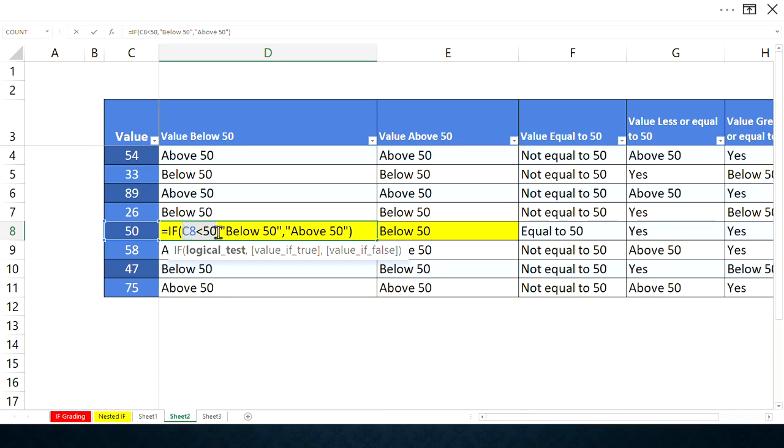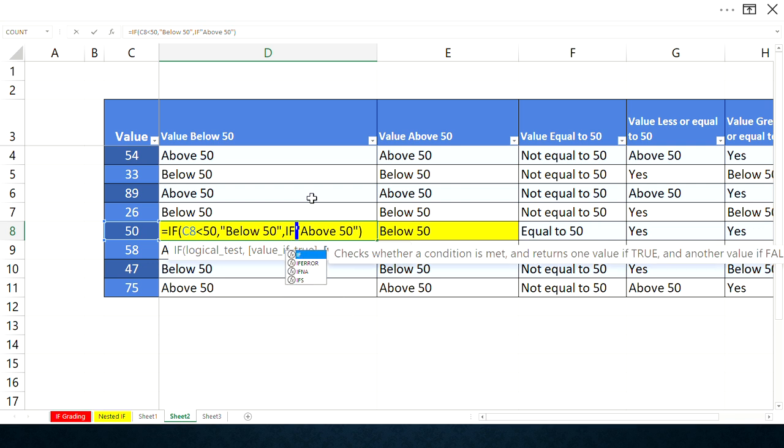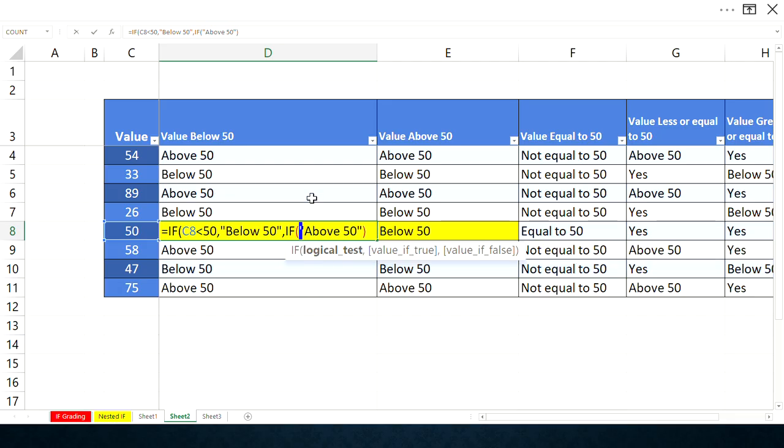Now that we have this condition already, less than 50, and then its result, we can fix another if condition in the formula in that fashion. Then open the parentheses. We already have an if condition, so we are adding another within the formula, and then we do the needful if the value is equal to 50.